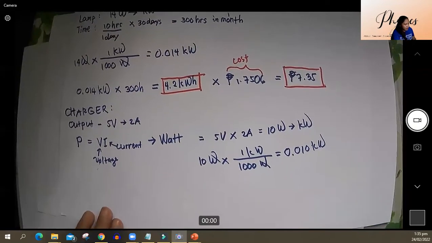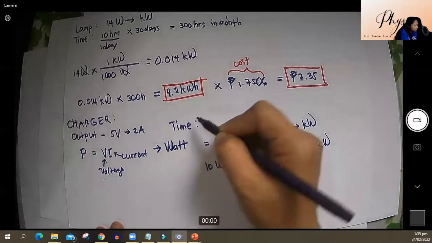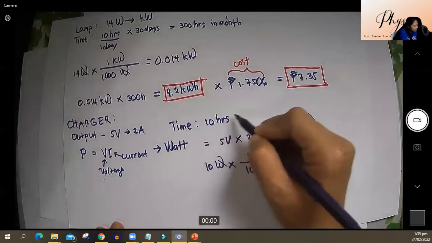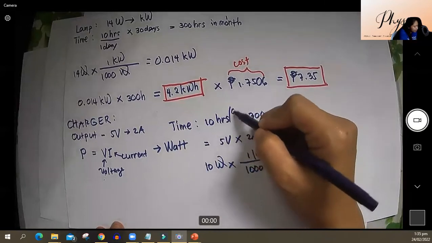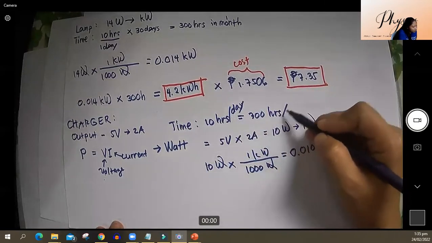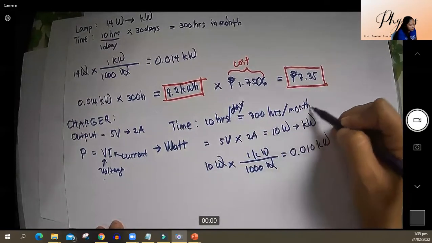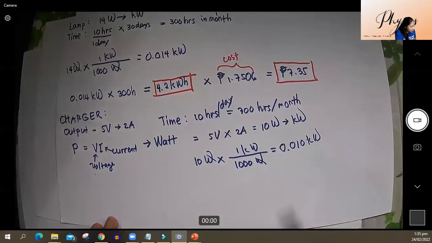Right? And let's say your time of charging your phone is 10 hours also. This will give us 300 hours per month. In a month, you will be using 300 hours also for charging.